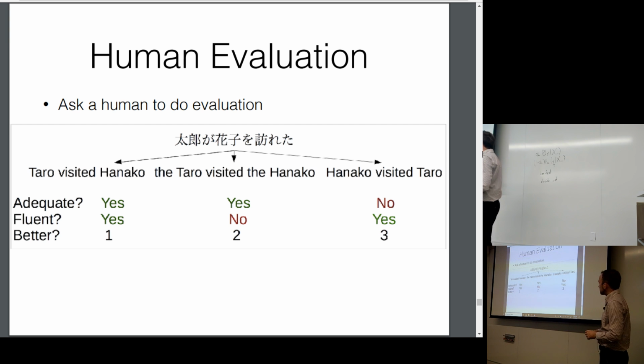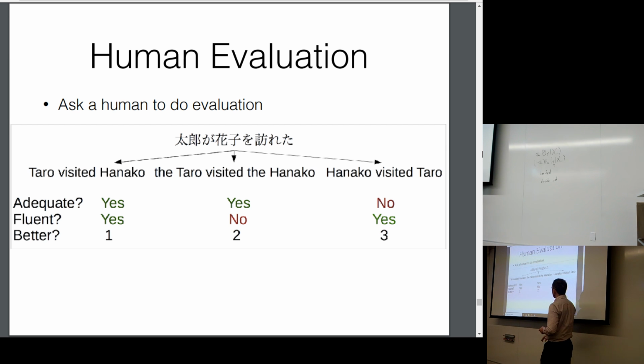Probably the best way to do this is to ask a human to do the evaluation. So if you have a bunch of different outputs, let's say the first one is correct, we would have the person evaluate it. There's a bunch of different ways to do this. One is adequacy. Adequacy is basically how correct is the sentence, how much information does it convey correctly. Fluency is how fluent is the sentence.